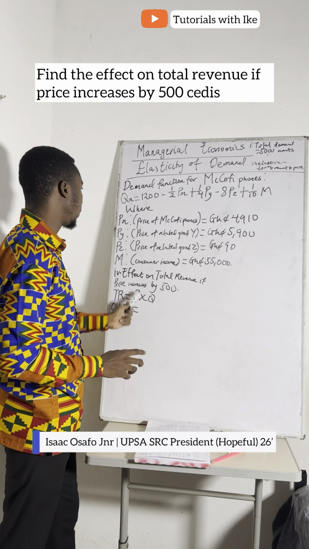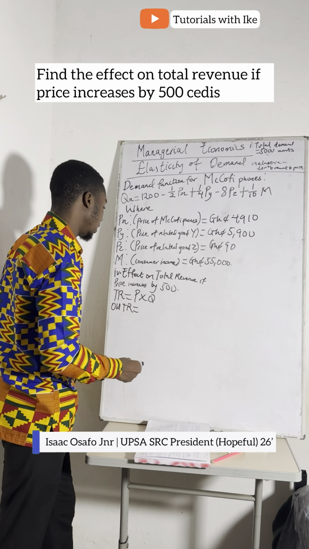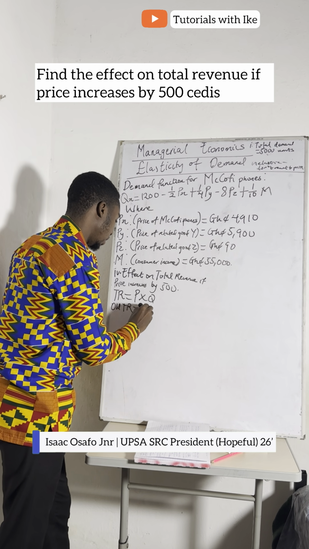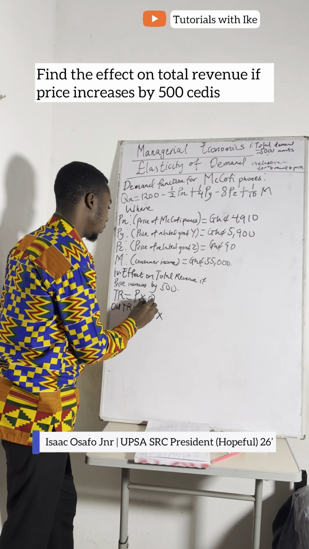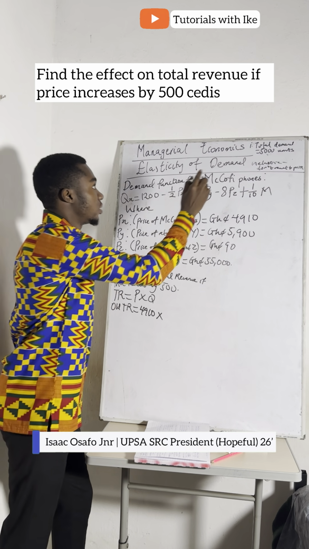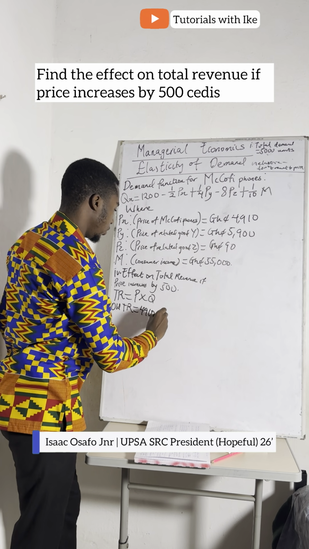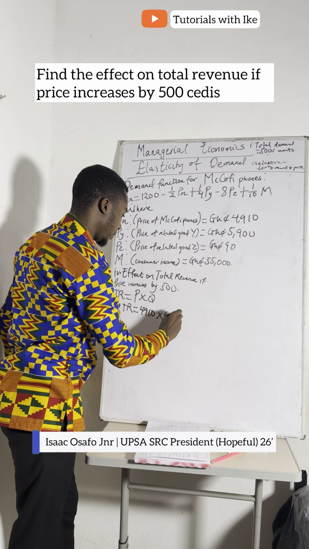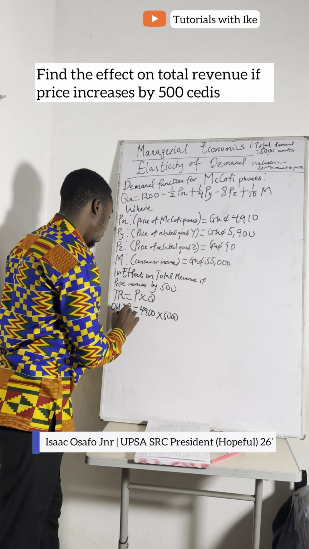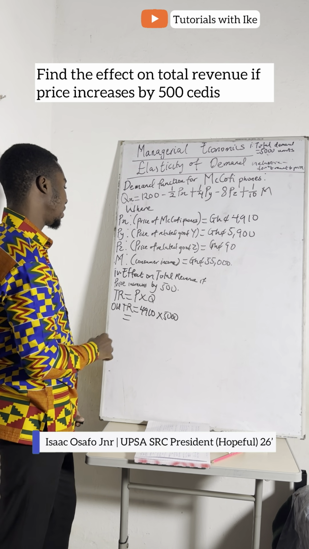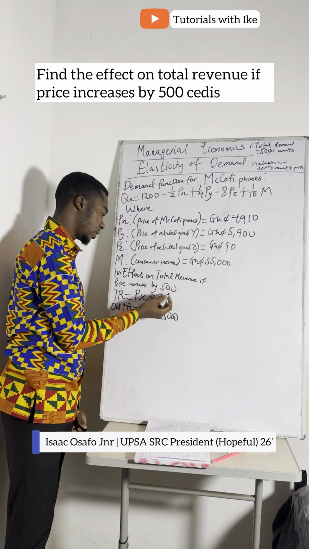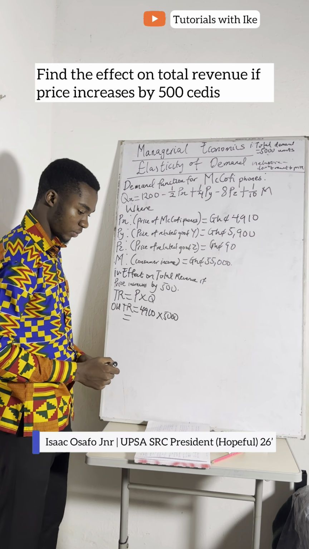You get it? So the price for good X was 4,910. So price times quantity. And the quantity, which was the total demand, was 5,000 units. You get it? So now our old total revenue before the price increased by 500 is 4910 times 5,000.